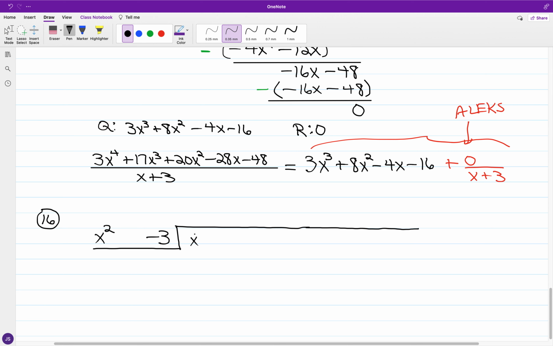is a fifth order expression where we have x to the fifth minus 2x to the fourth. And we have plus x cubed. And we have plus. Okay, now the next term, okay, we have minus 8x, but again, we got a missing x squared term.